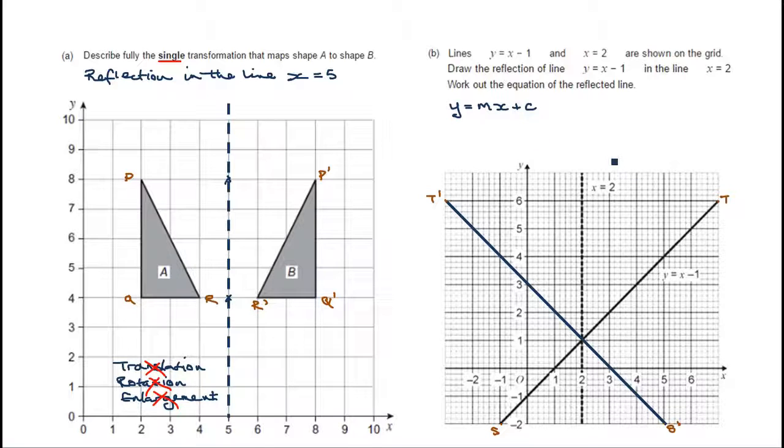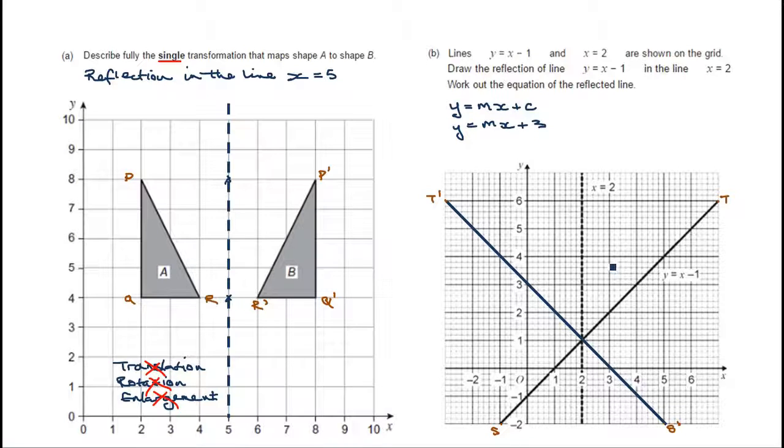Now the constant is going to be the y-intercept, where it intercepts the y-axis. We can immediately check where it intercepts the y-axis, and that's at positive 3. So we've now got y equals some gradient times the x value plus 3.